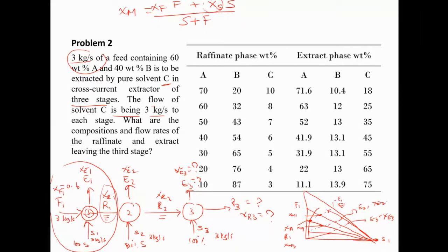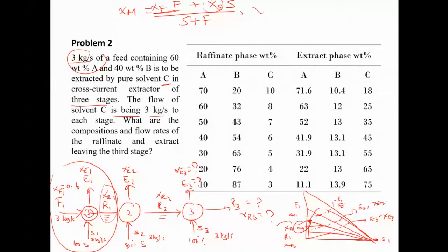So now when you're going to substitute XM1, you're going to have XF and F. But when you're going to calculate XM2, you'll have to substitute, instead of XF multiplied by F, you have to substitute with XR.